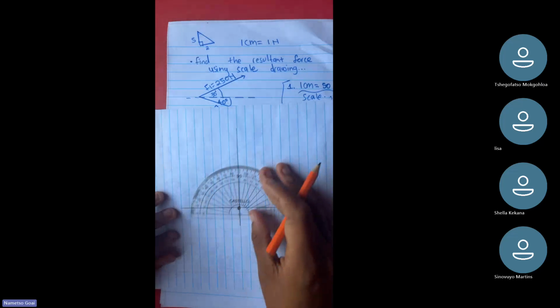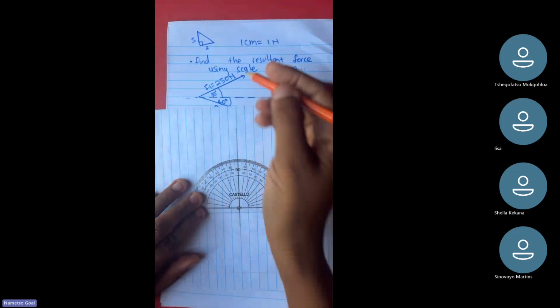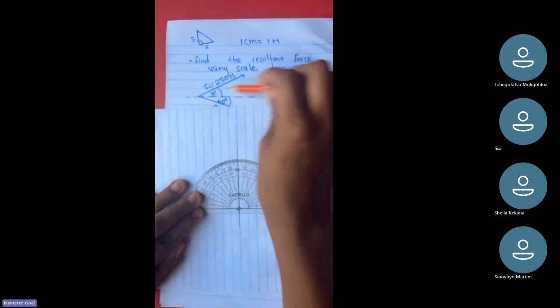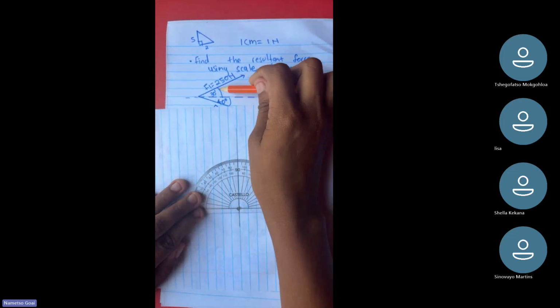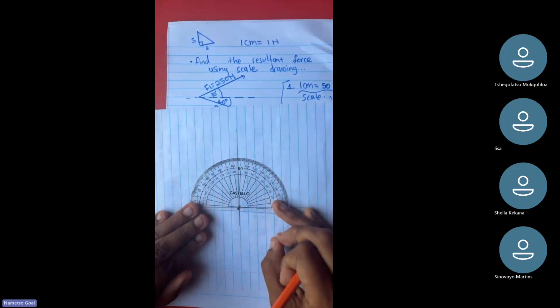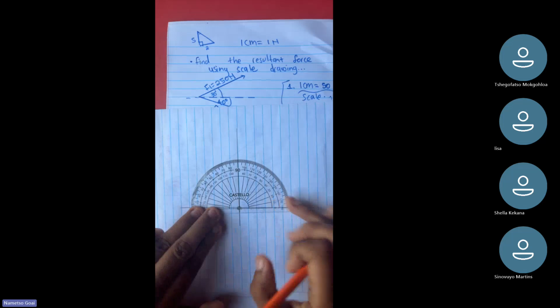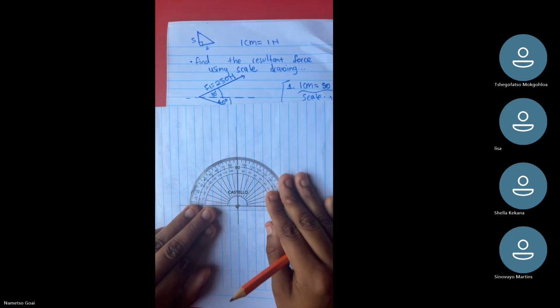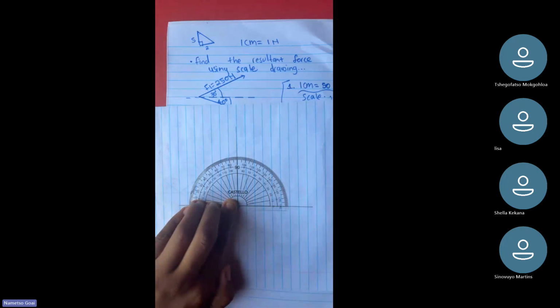If they gave you this angle right here, this 30, because this is your x-axis, how would you know if you're supposed to choose the 30 from this point or this point over here? That's what you're asking me, right?